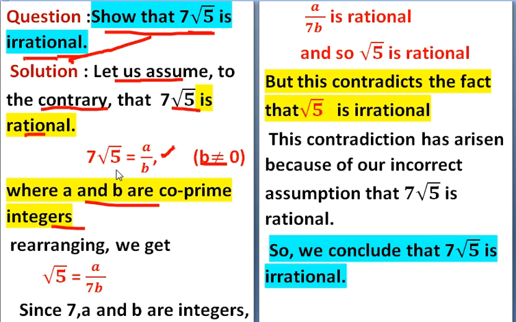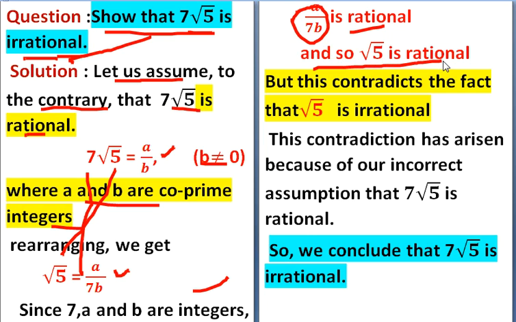Next, we rearrange this, and the 7 goes to the denominator, and we find a by 7b, where 7b and a are integers. So a by 7b will be rational, because integer by integer becomes rational.